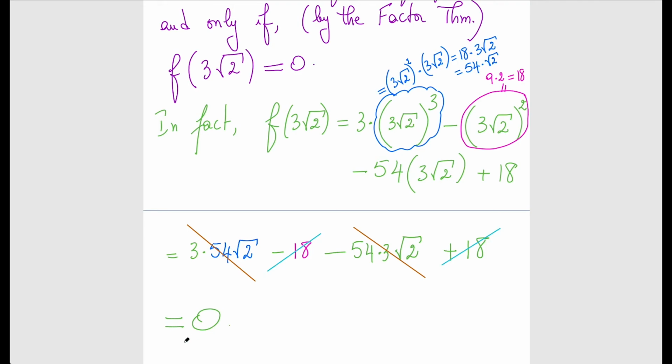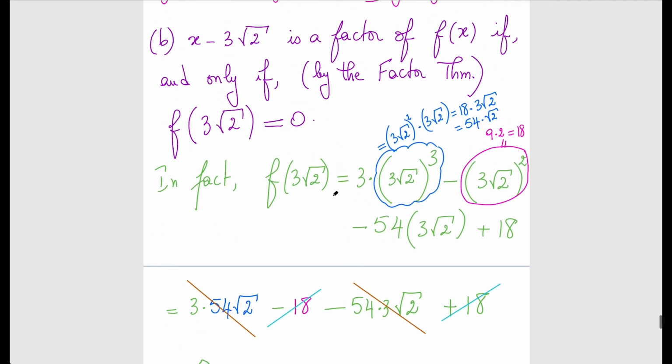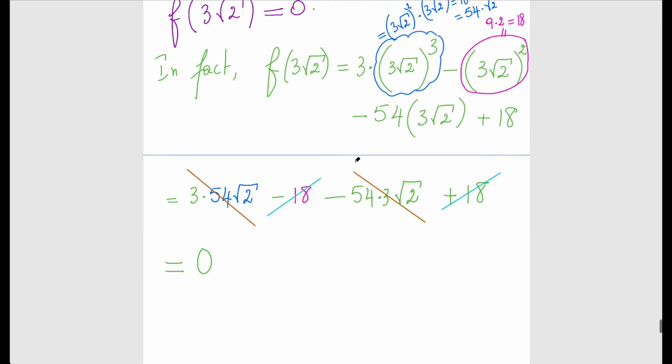What does it mean? This doesn't look like 0. So 0 like this. So what does it mean? It means that f of that number, 3 square root of 2, is 0. So that means then 3 square root of 2 is a root of f, and hence by the factor theorem, based on the purple discussion, x minus 3 square root of 2 is a factor of f of x. Correct?